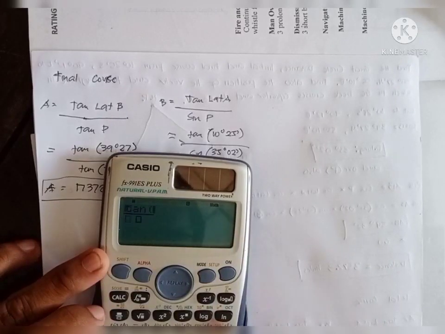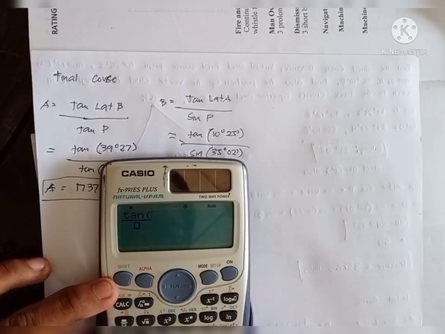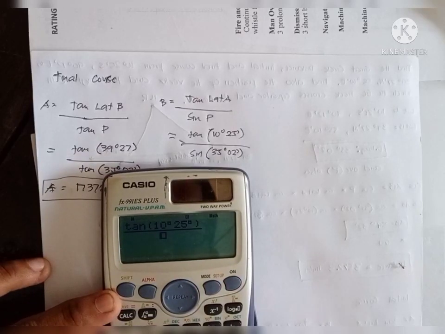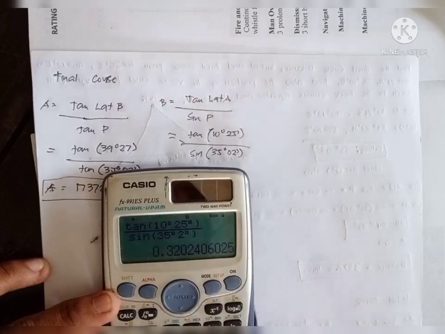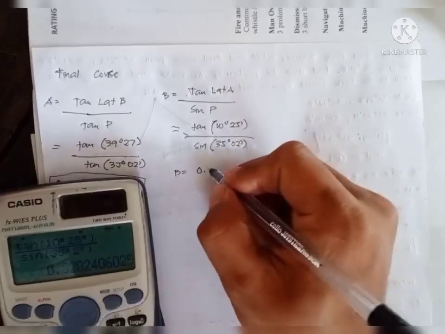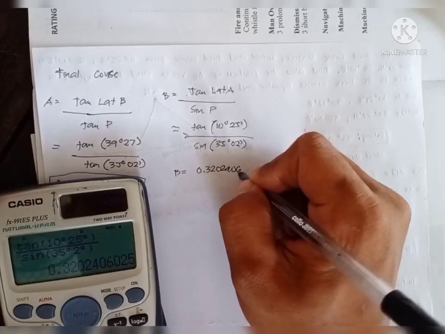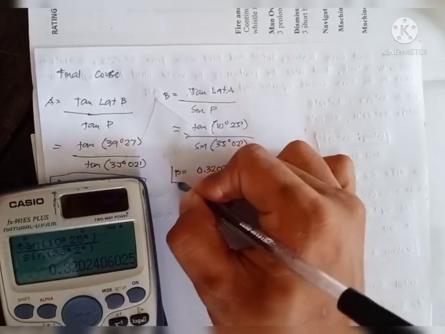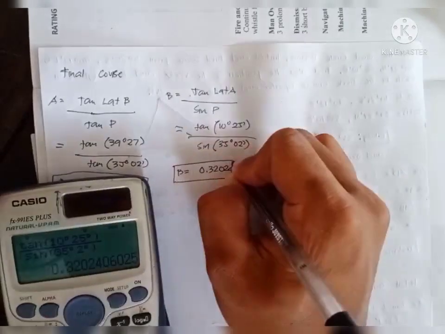Tan 10 degrees 25 minutes over sine 35 degrees 2 minutes. So here we'll come up to the answer of 0.3202406025. So here is our B.